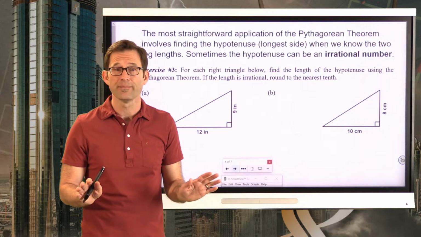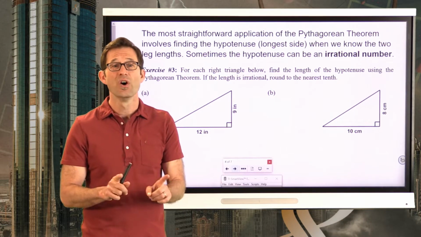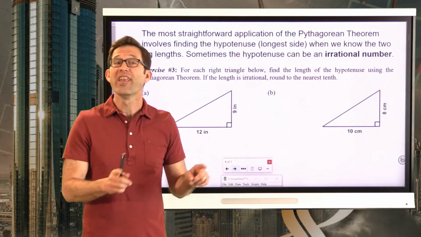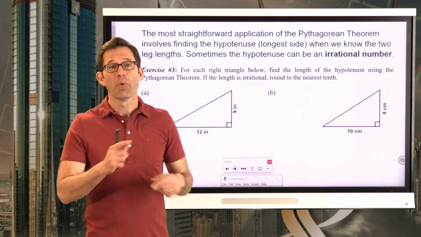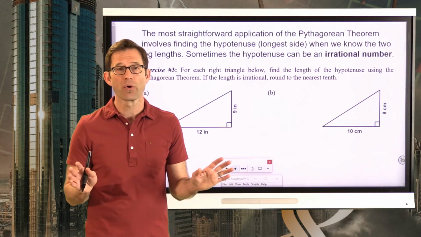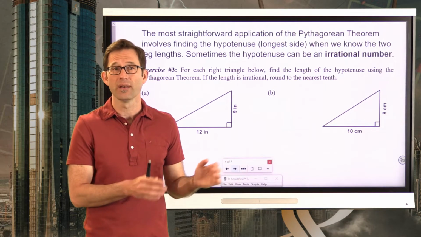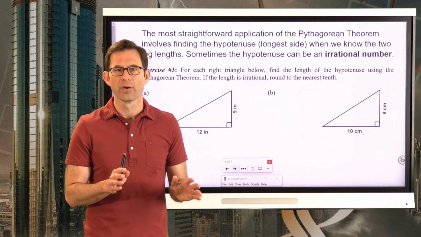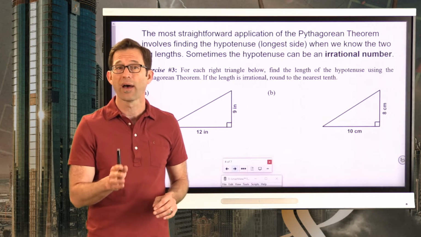And that actually happens more often than the nice ones happen. But we're always going to have kind of a mix. Sometimes our answers are going to be nice rational whole number answers like we had last time, 13. And sometimes they're going to be a bit uglier, irrational numbers that maybe we have to round.